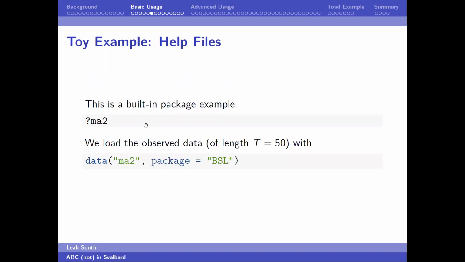This example is also built into the package. If you wanted to find out more, you could do library(BSL) and then ?ma2, and it'll bring up the help file and examples of how to run this. You can also load the associated data, the summary statistic function, the simulation function, etc., using this line here.